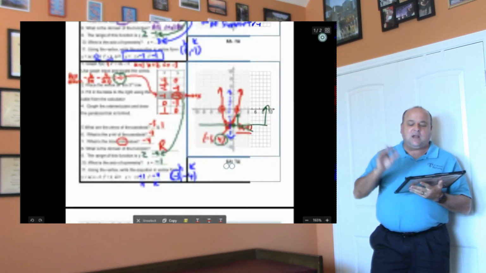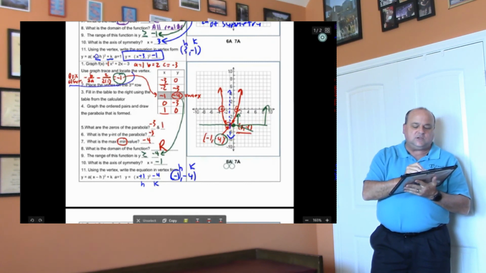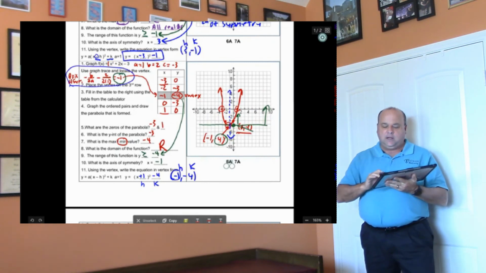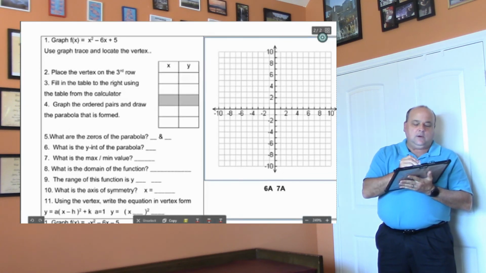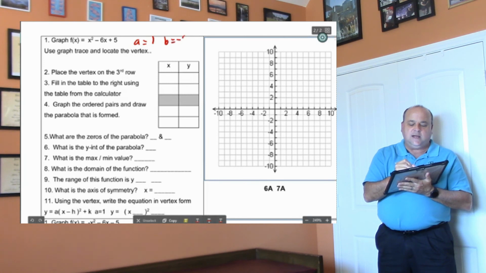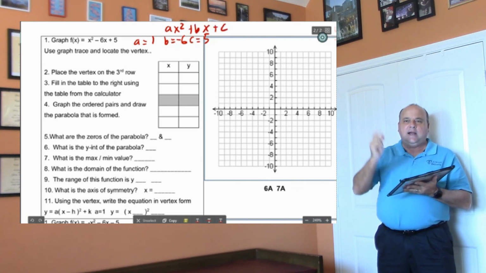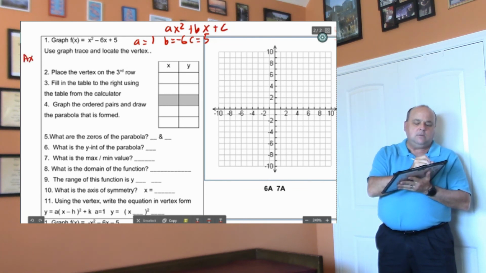Now then, I'm going to leave the last two for you, but we're going to do this part right here on the other two. So let's go to this one. Okay, write down a = 1, b = -6, c = 5. Remember, it's ax² + bx + c. And now we're going to get our axis of symmetry.